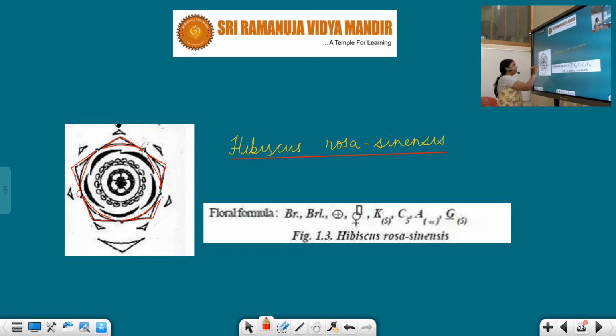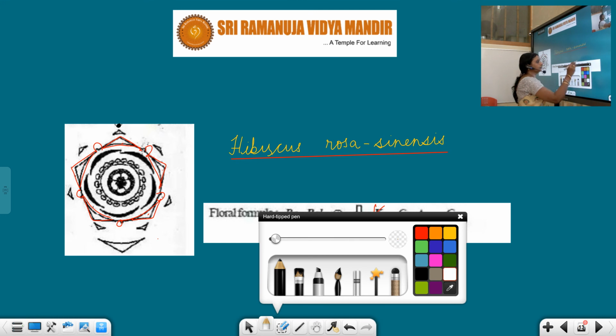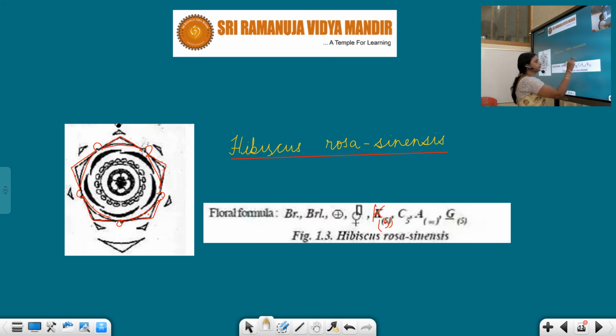And these sepals are united. So 5 sepals are present. See here, the number of calyx is 5, and it is gamosepalous, so within bracket.